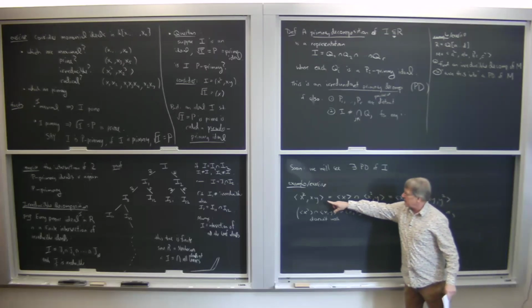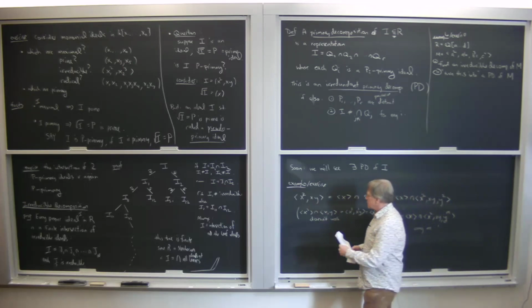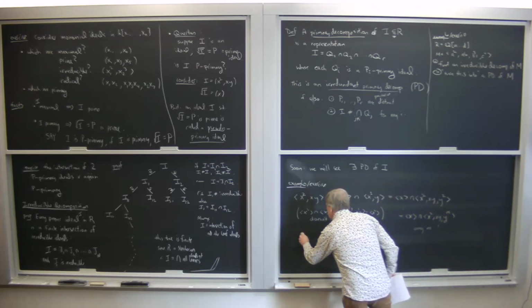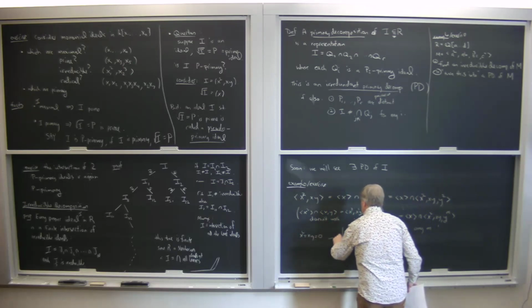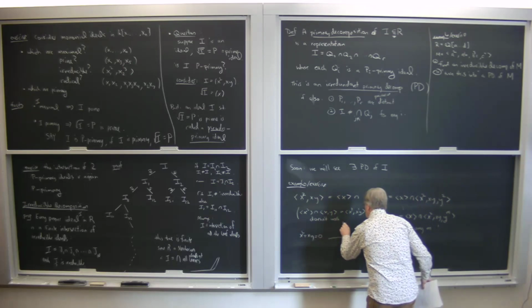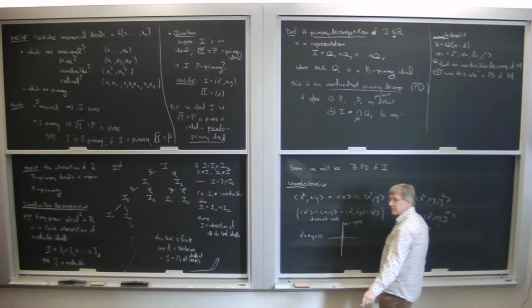What's the zero set, by the way, of this x squared, xy? Let's just get back to the basics here. x squared equals xy equals 0 is x equals 0. So that's the y-axis. Right?